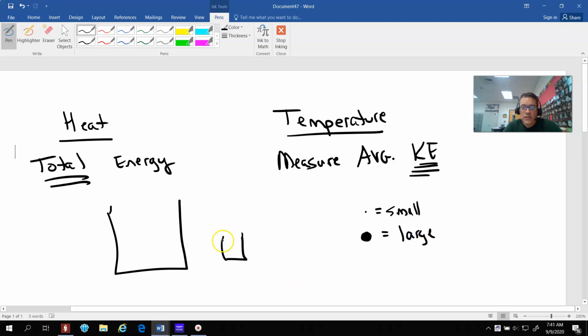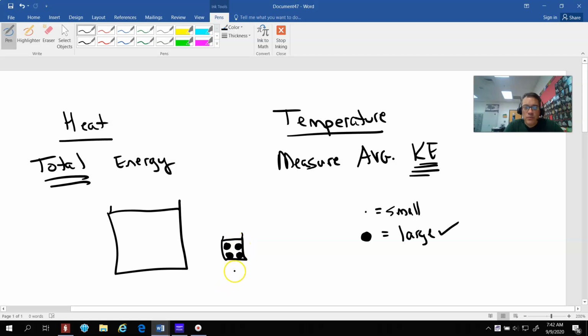So let's say I've got this little tiny amount of liquid over here, and I've got this larger amount of liquid over here. Alright, but let's say this tiny amount of liquid has got these really big dots in it. So all the individual particles in here, and the dots aren't really representing the size of the particles.